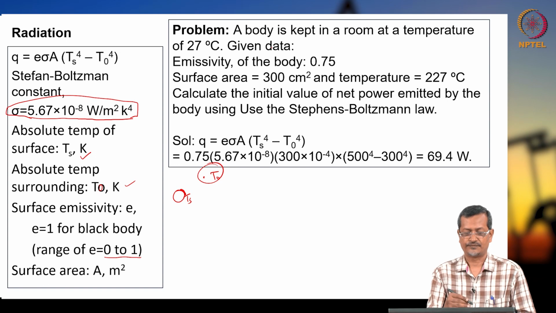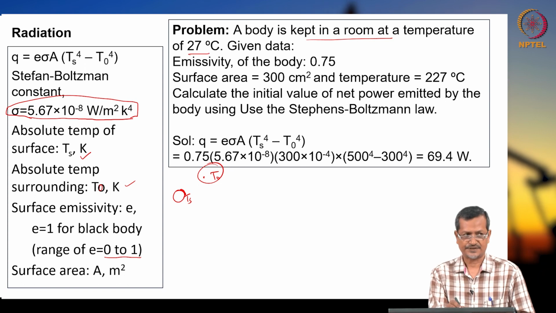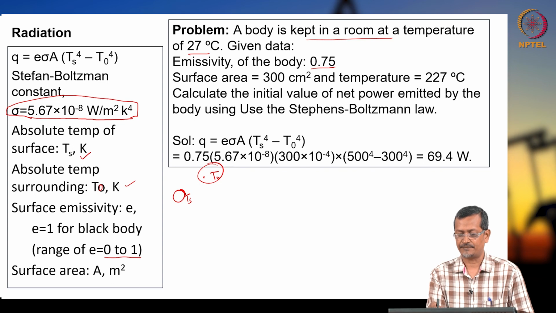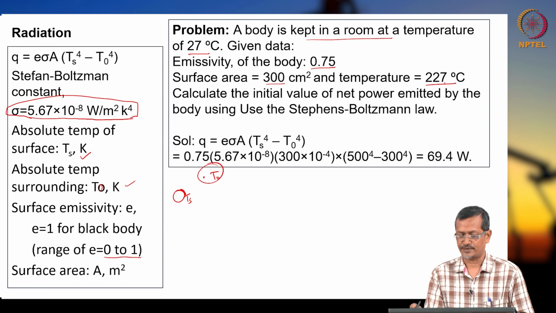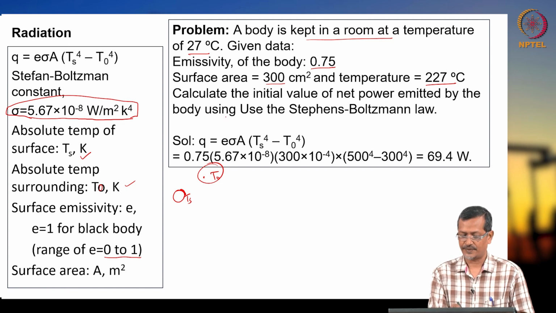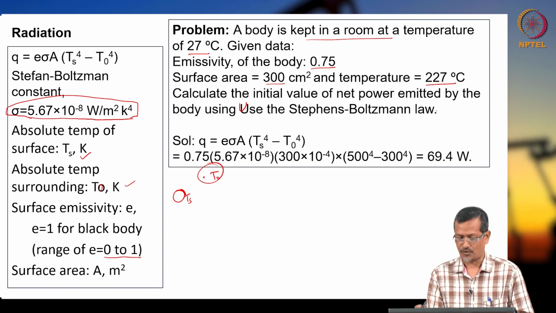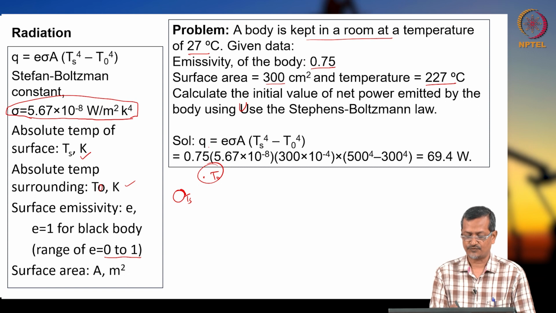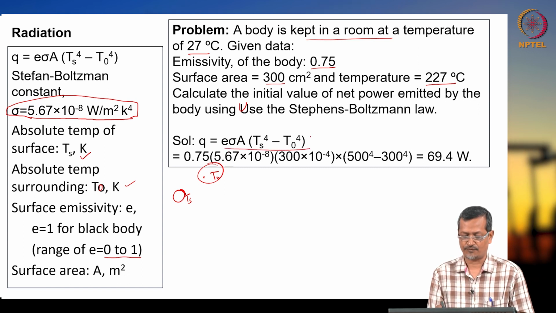Now see one problem. A body is kept in a room at temperature 27 degrees centigrade. Given data: emissivity of the body 0.75, surface area 300, temperature 227. Calculate the initial value of the net power emitted by the body using the Stefan Boltzmann law. Directly you can use the formula Q equals E sigma A Ts power 4 minus To power 4.